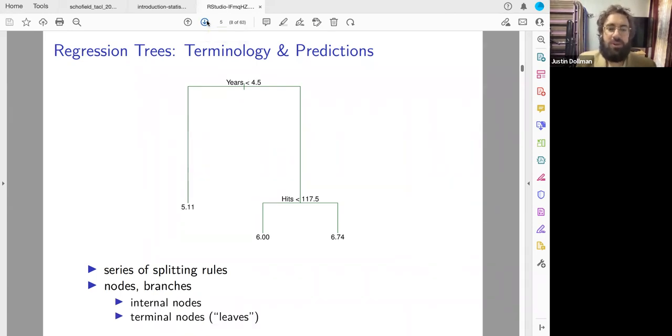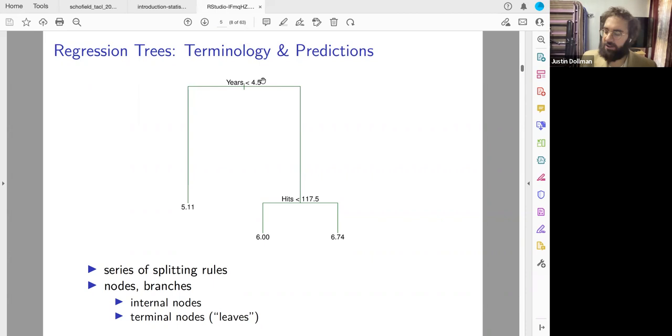So we have terminal nodes or leaves, internal nodes, and again, because it's a tree, all of the lines are branches.